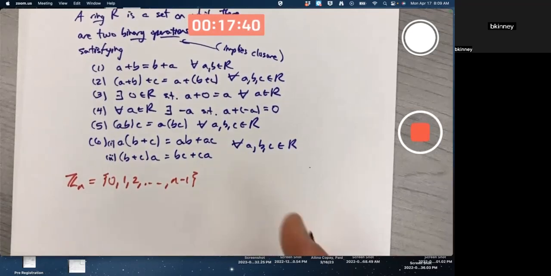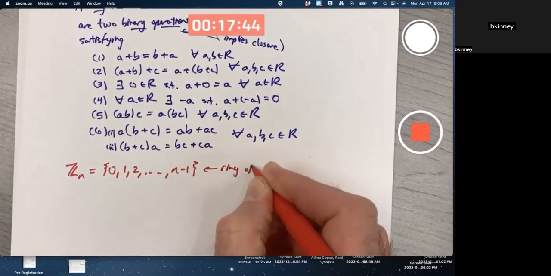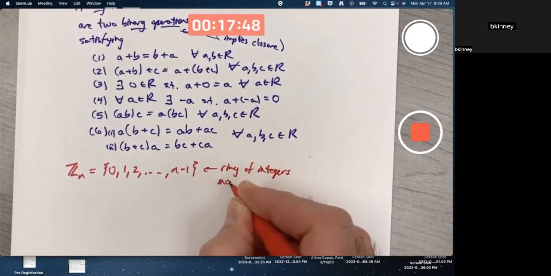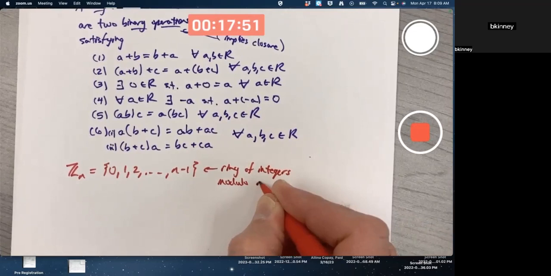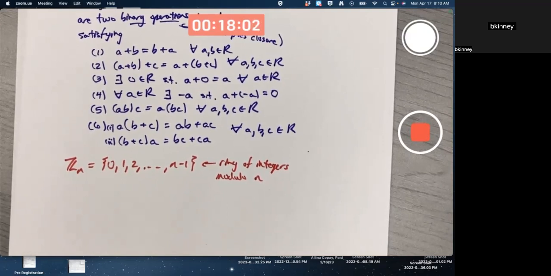Okay, so we'll call this again the ring of integers modulo n. When I say that, I'm implying the two binary operations are addition mod n and multiplication mod n. You could write that down if you like. We will get into today even how this is a little weird when n is not prime. Okay.